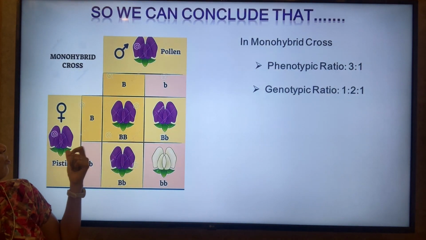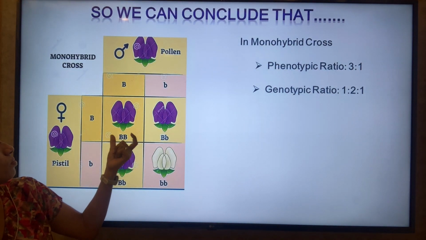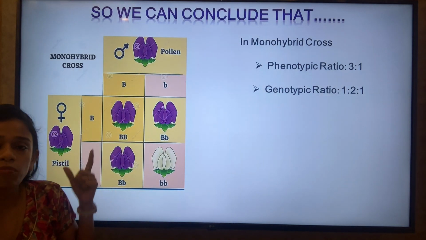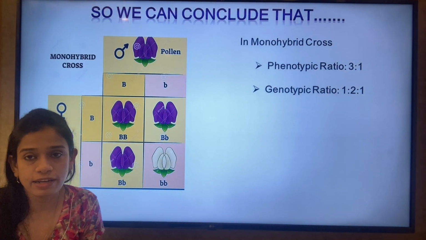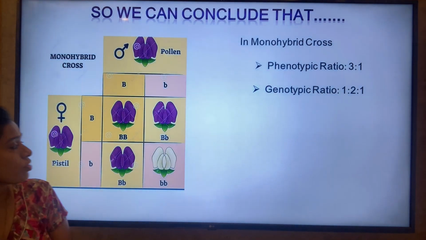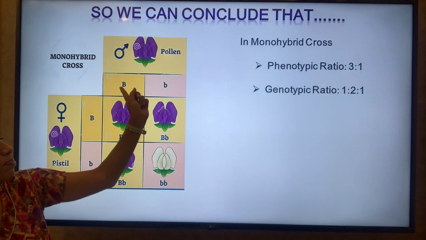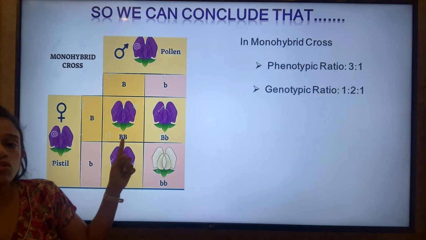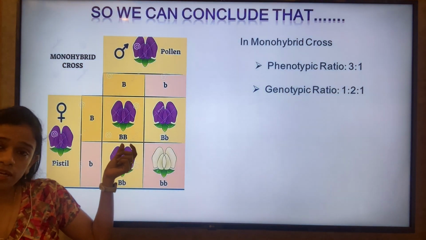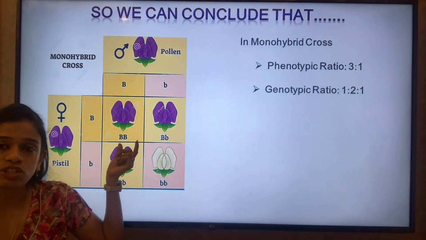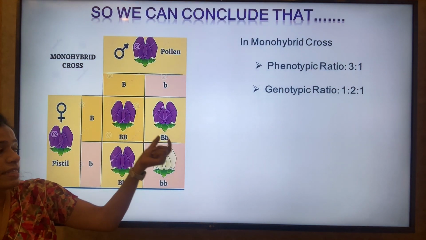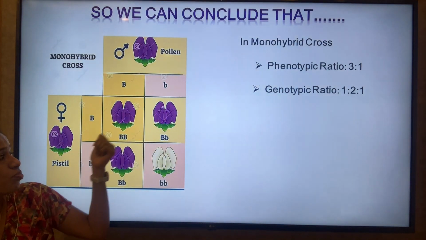Now when this violet, because both were F1s and both were violet color, because violet is dominant over the white one. First this B and B combine to form capital B capital B, because it is a homozygous condition as well as the dominant allele, so it gives purple color. This is capital B and small b.